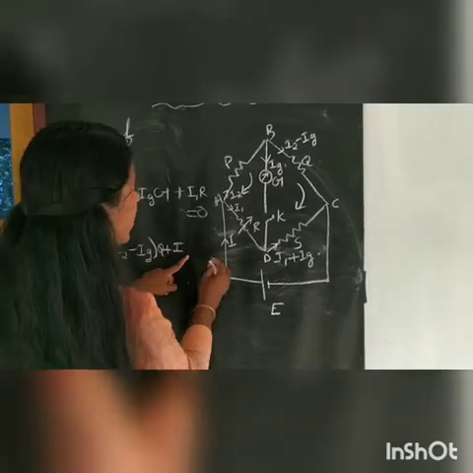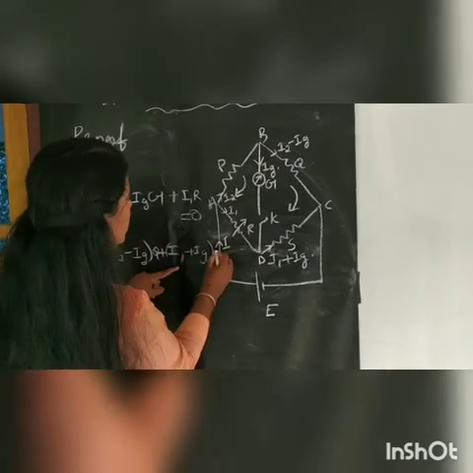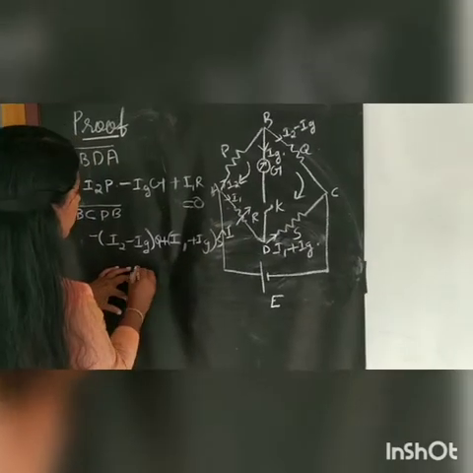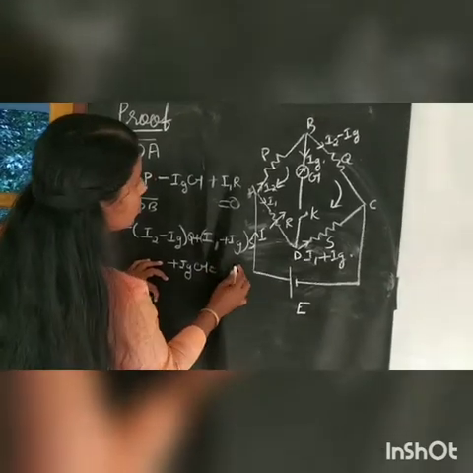Then I1 plus IG into S, which is again opposite, plus IG G equal to 0.